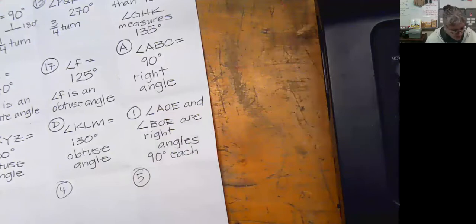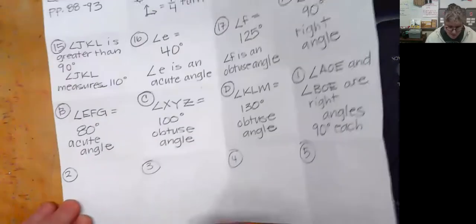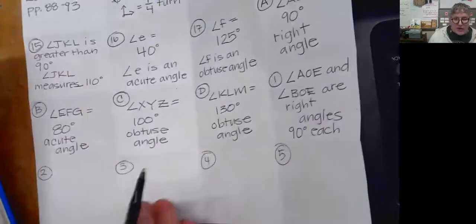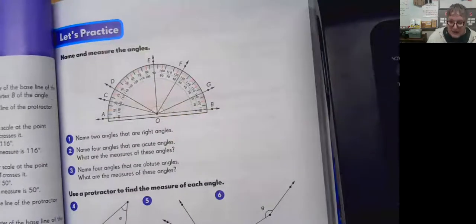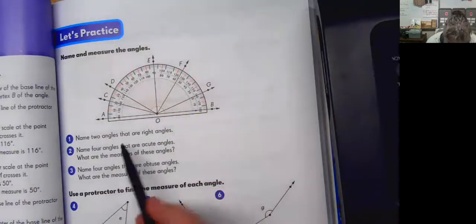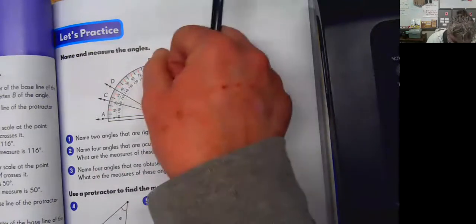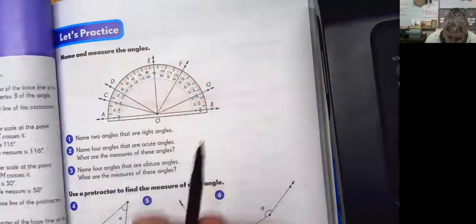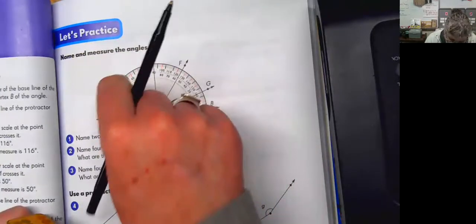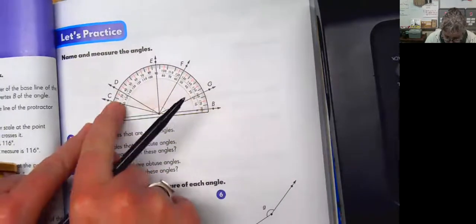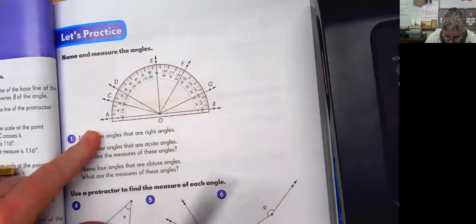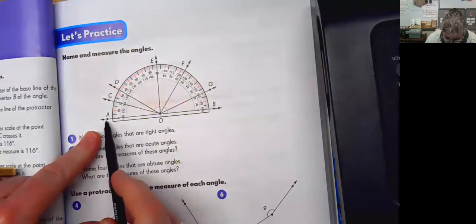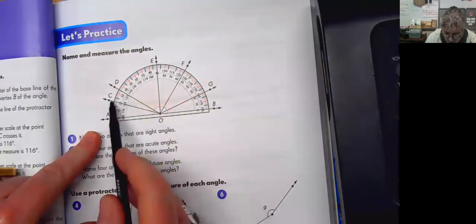Okay? So let's look at 4 angles. We're going to write them down as we go. I'll just keep my paper over here, and as we find one, we'll write them down. So we want angles that are less than 90. If 90 is right here, I think we can find 1, 2, 3 over here, and then we can probably use one from over here. So our first angle would be AOC, right?